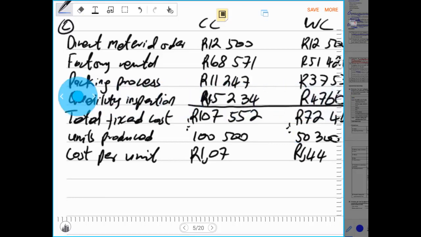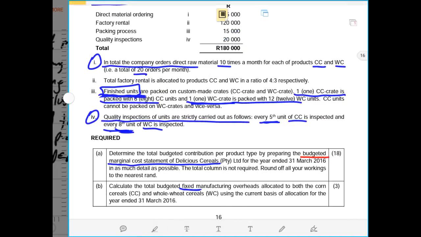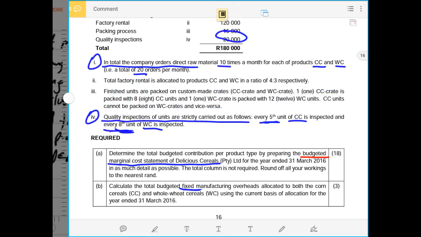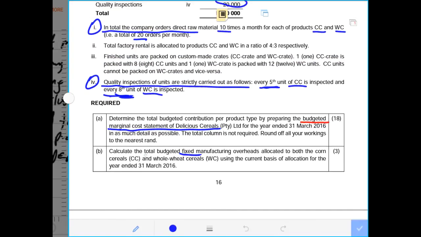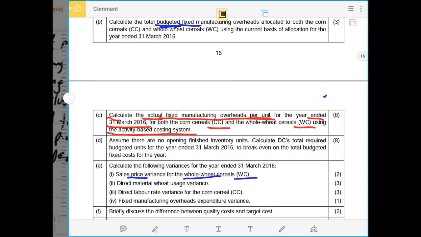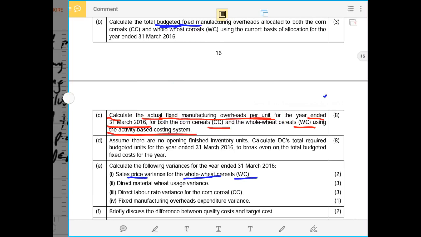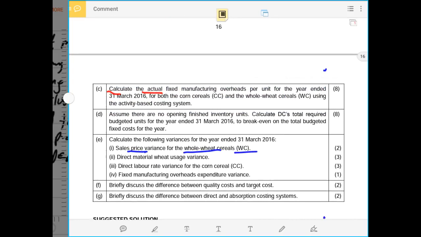Number B was based on the budgeted, hence we use budgeted information. But under number C, we are using the actual information. So we took the 100,500 and also the 50,300, because this was the actual production, not the 101,000 and 51,000, because that was budgeted.